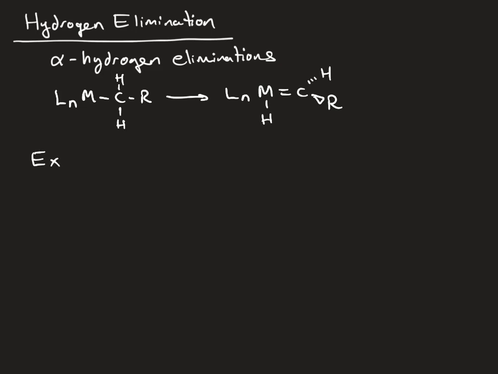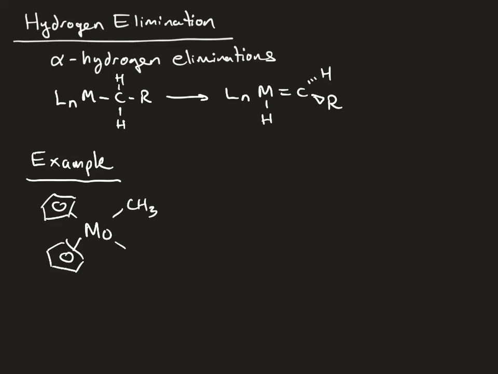An example is this molybdenum Cp methyl species, which can lose a phosphine ligand, forming this 3-coordinate compound, which is highly reactive and undergoes an alpha hydrogen elimination.